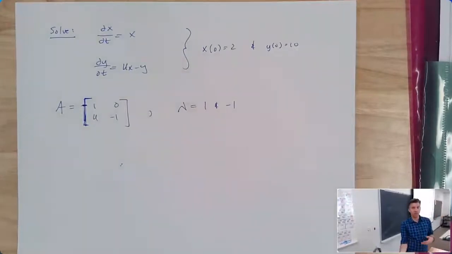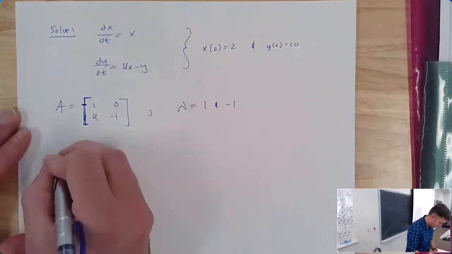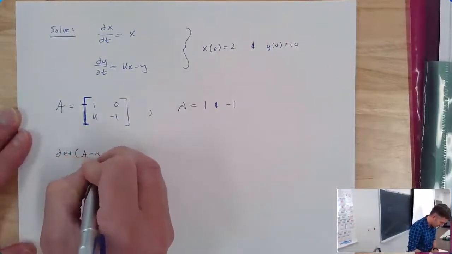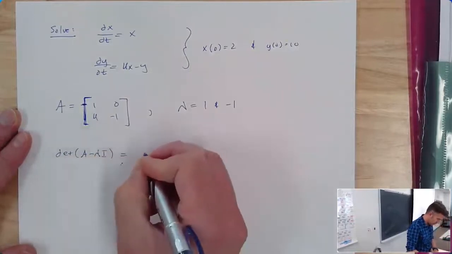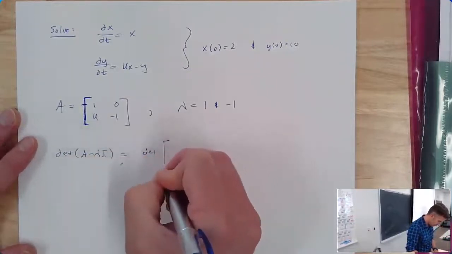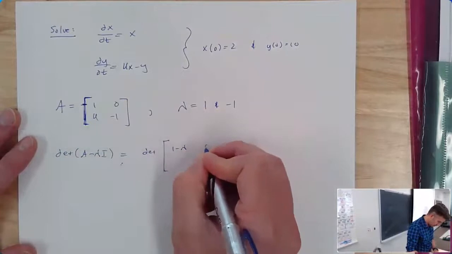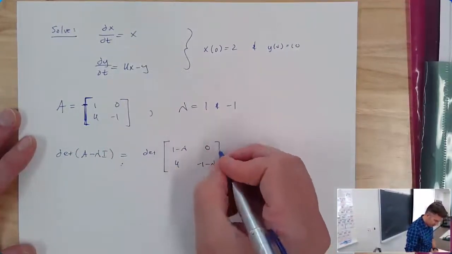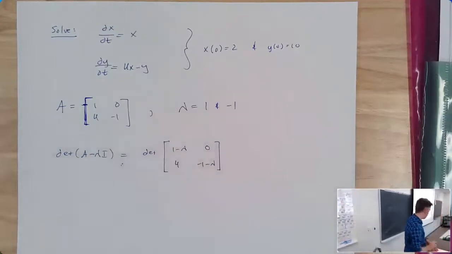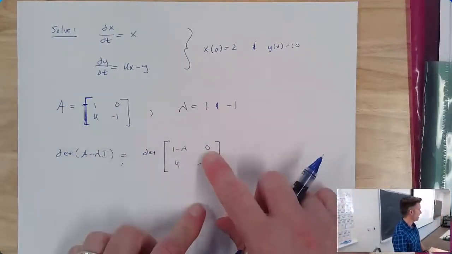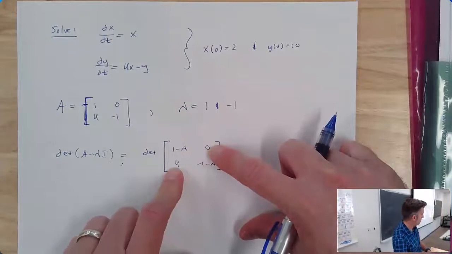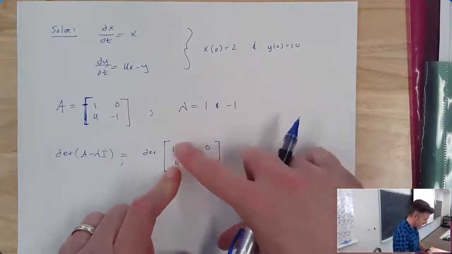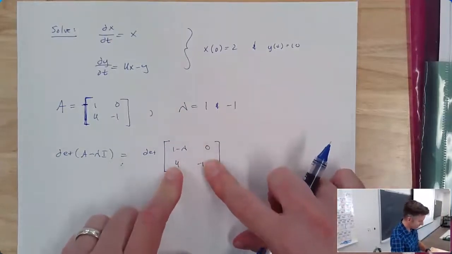If you don't love that I've just said that without showing my work, let me show you the work. Determinant of A minus lambda I is equal to the determinant of 1 minus lambda, 0, 4, negative 1 minus lambda. And here's what I really want you to see. That 0 being in that corner or that corner means that when you find the determinant, you're going to get this times this, minus that times that.